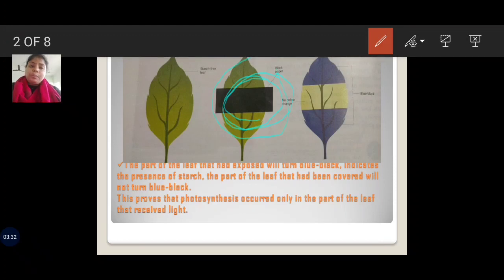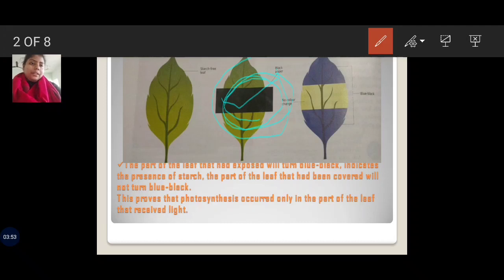You will pluck it. And you will remove the covered area. That means you will remove the paper. This black chart paper you need to remove.